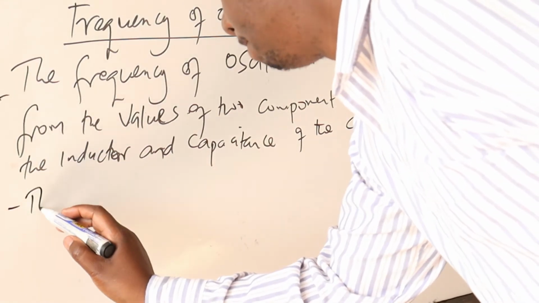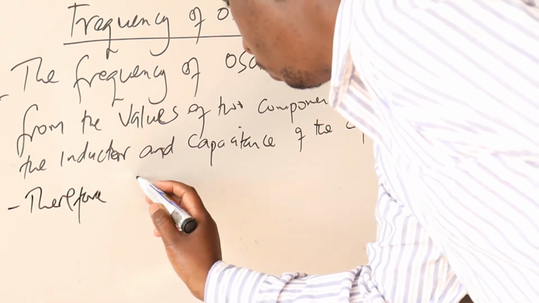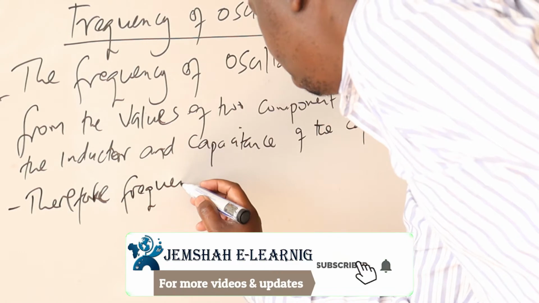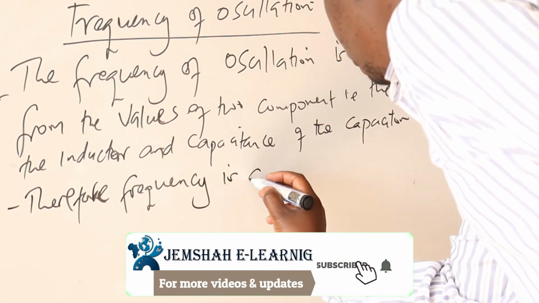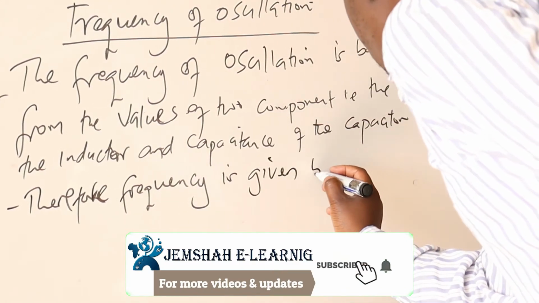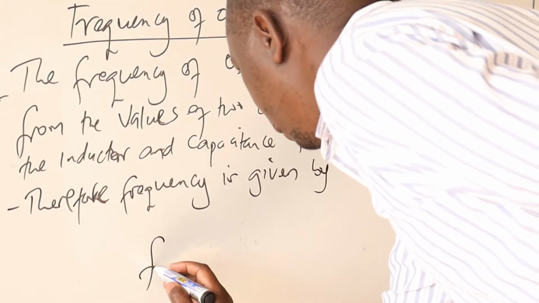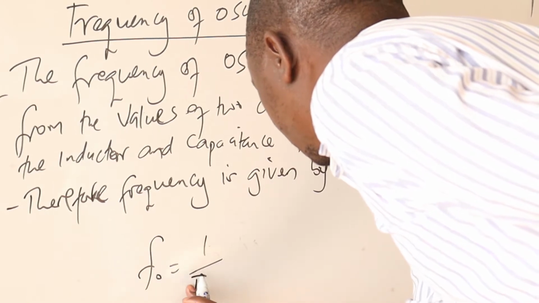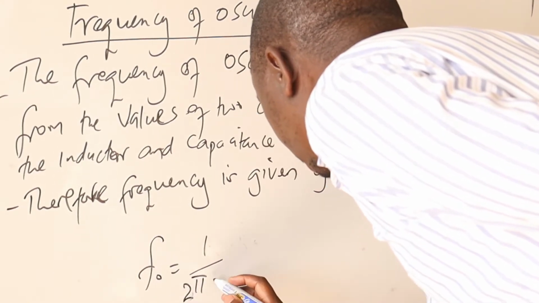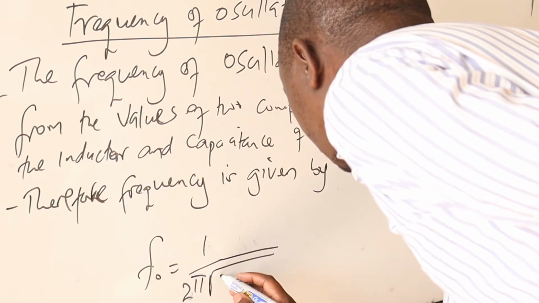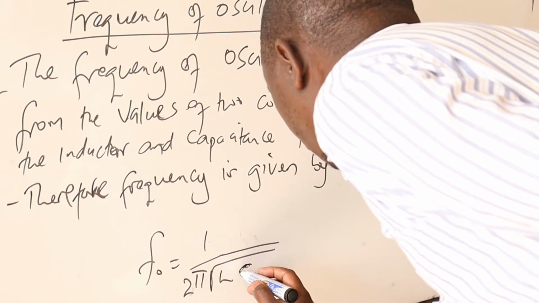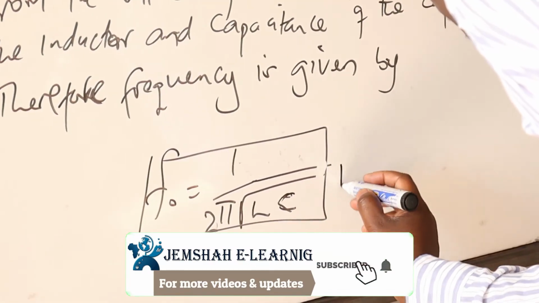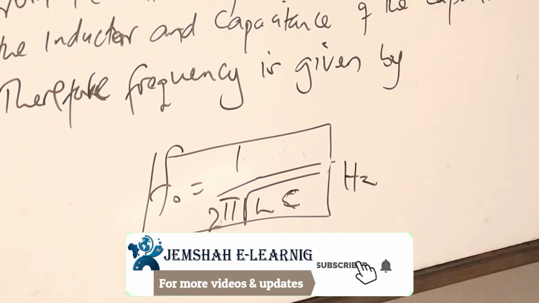Therefore, the frequency of oscillation is given by 1 over 2 pi root LC. This is the formula for the frequency, and this must be in Hertz.